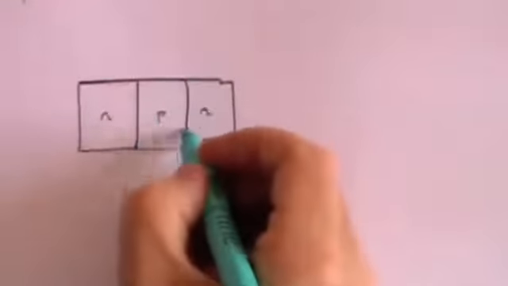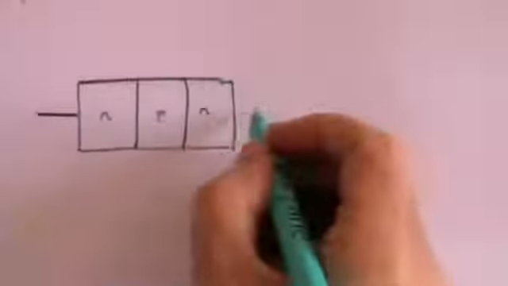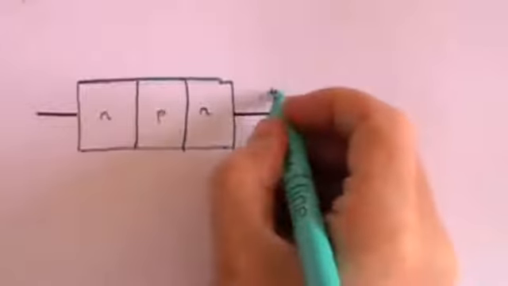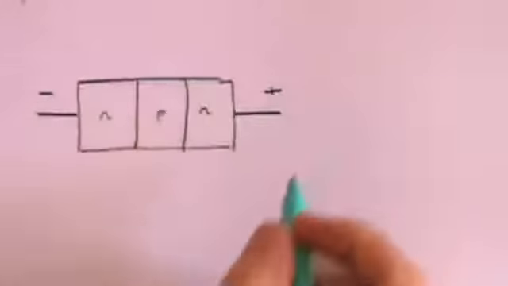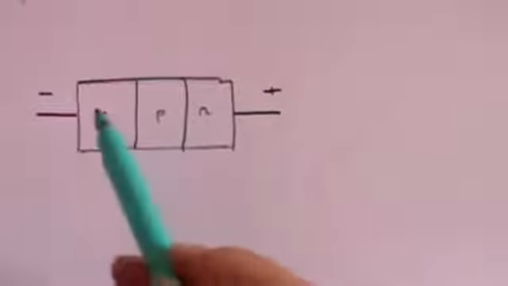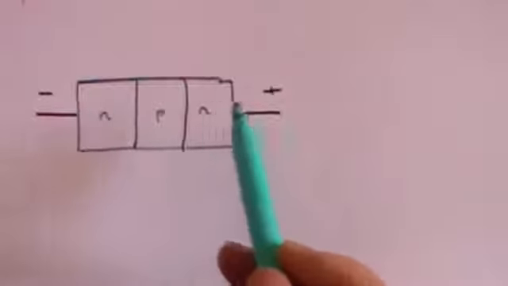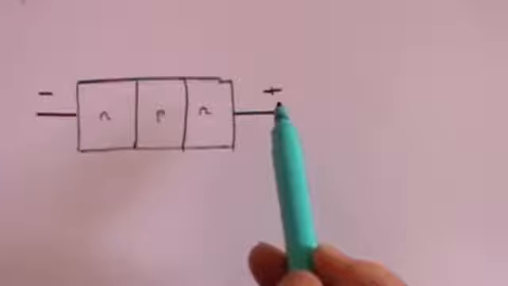This is N, this is P, this is N. And the point about this type of device is that if you put a voltage across that device, plus, minus, then you might expect that electrons will flow towards the positive charge.